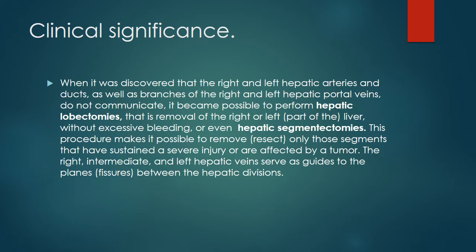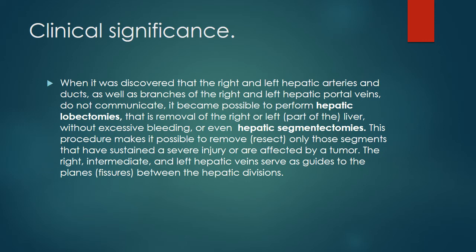Okay, what is the clinical significance? Why do we divide the liver into sectors and segments? Actually, when it was discovered that the right and left hepatic arteries and ducts, as well as the branches of the right and left hepatic portal veins, do not communicate, it became possible to perform hepatic lobectomies. What is this?